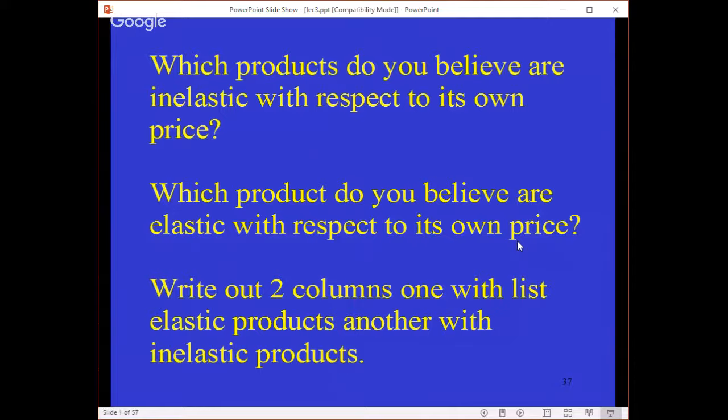What else might be elastic? Cars? Luxury, right, luxury cars. What else? Cell phones. Okay. Is it elastic or inelastic? It's elastic. What else?